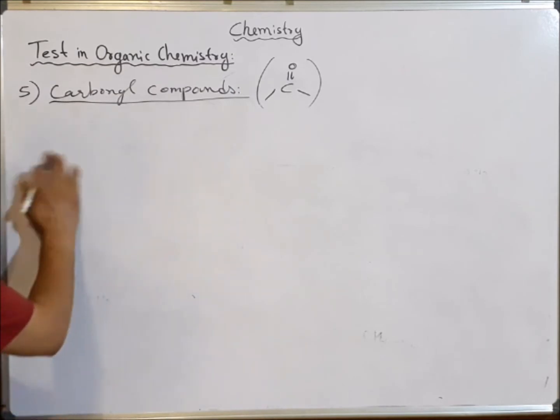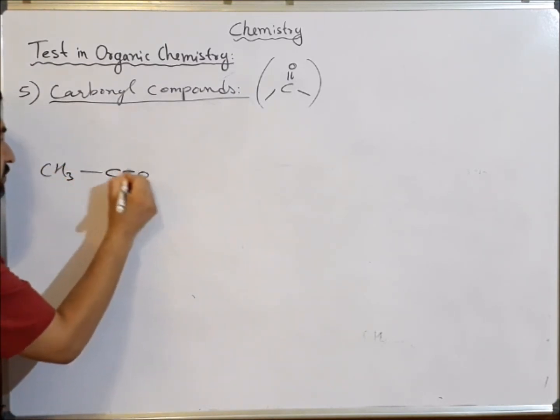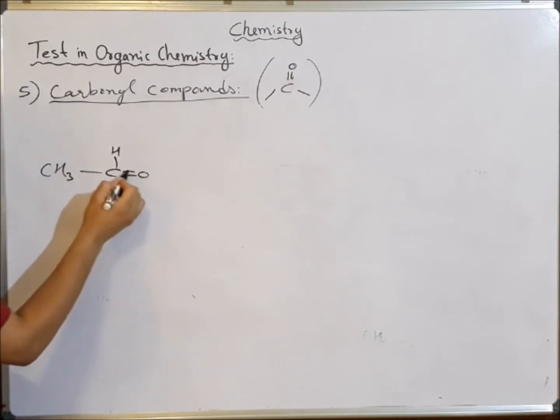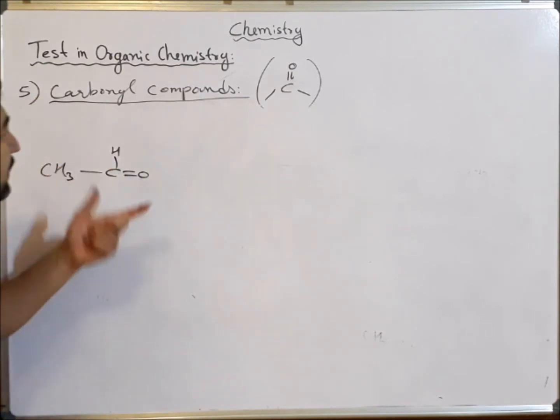Suppose we have a carbonyl group, I'll write it in this format. It's a C=O group, so that means both ketones and aldehydes will give this test.